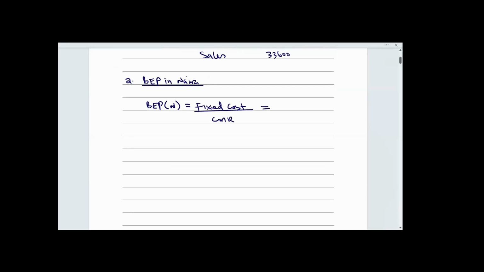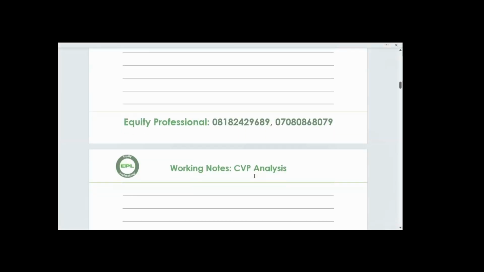According to the question, how much is the fixed cost? We have two types of fixed costs. We have fixed overhead. The total fixed overhead is 2240. We also have fixed selling and admin expenses, 8320. So that will give us the total fixed cost.